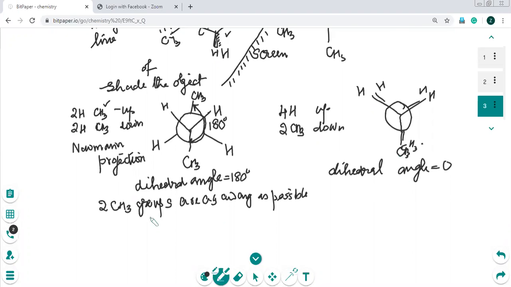What is the consequence? This one is a highly stable conformation, and this one is a highly unstable conformation. It is called the eclipsed conformation.